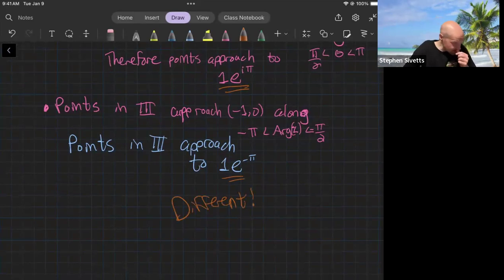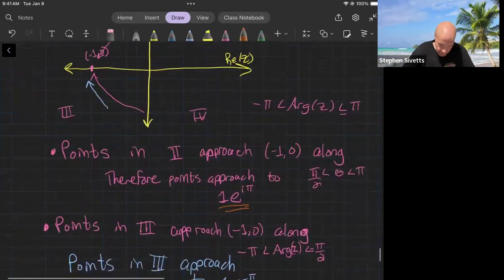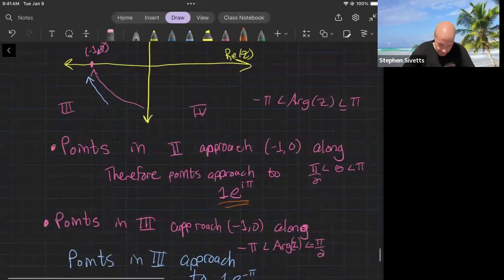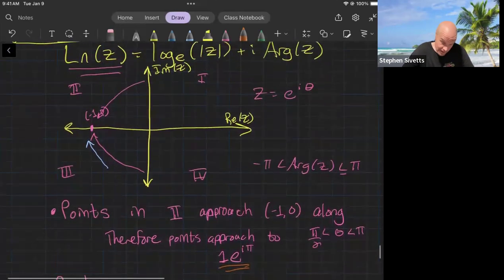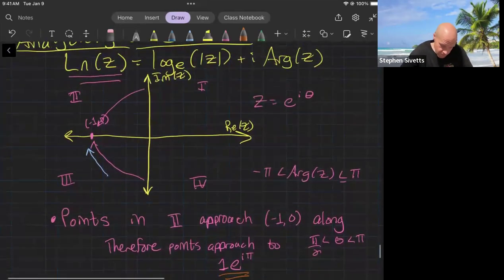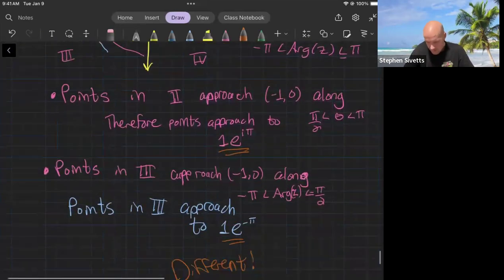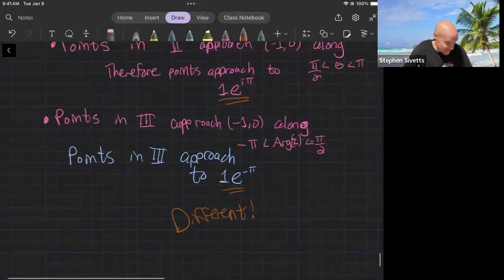So by the two-path test, as the points in z approach -1, 0, the limit does not exist.